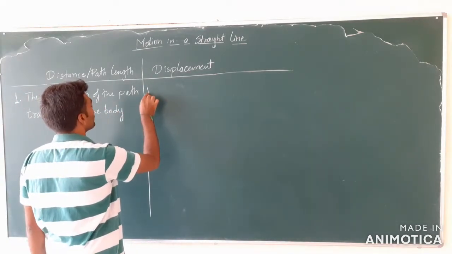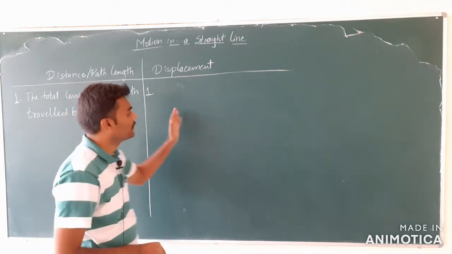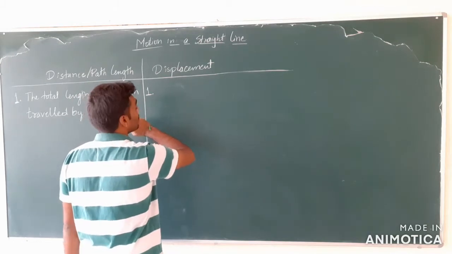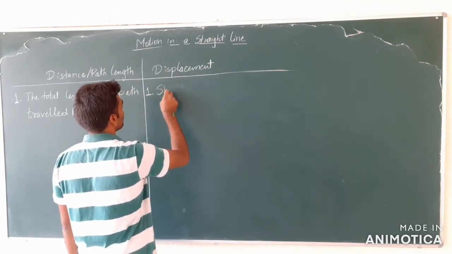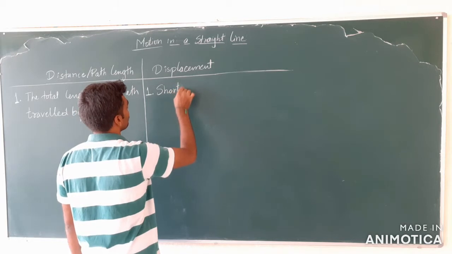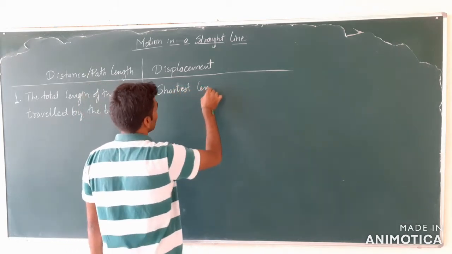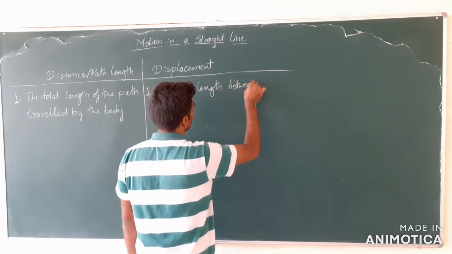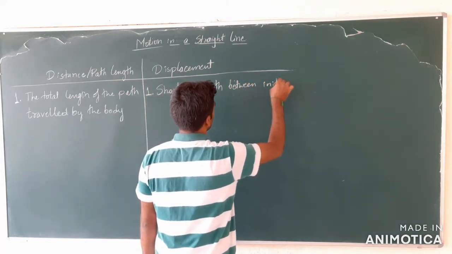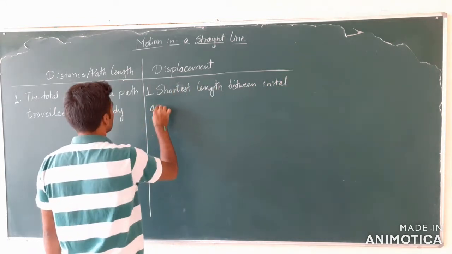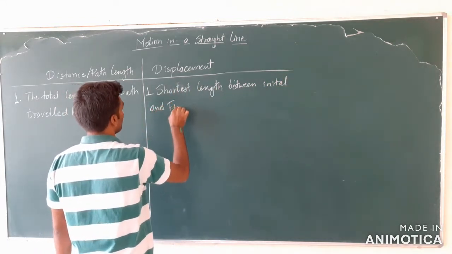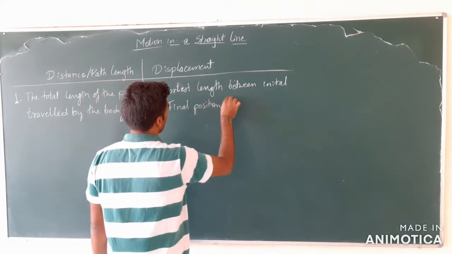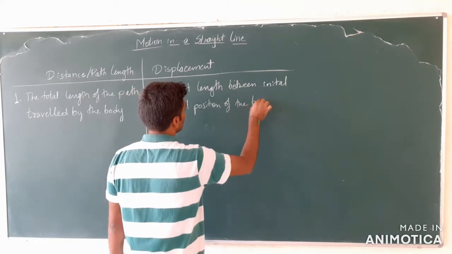Similarly, the definition of displacement itself will be the first difference. So what is displacement? Displacement is the shortest length between the initial and final position of the body, right?